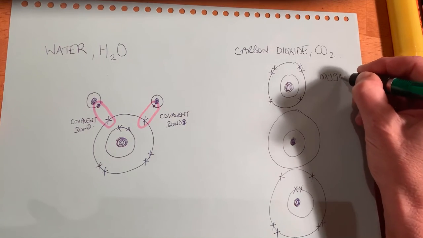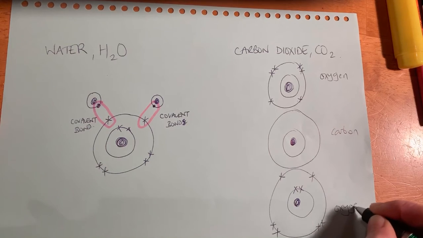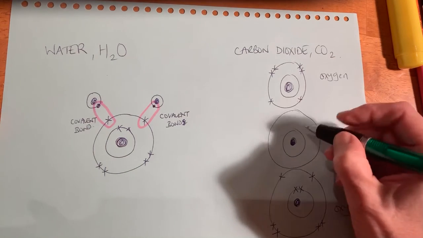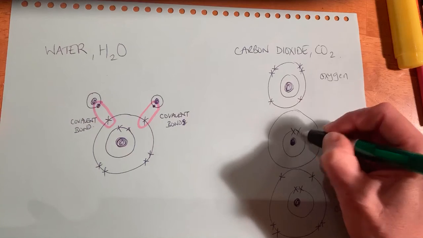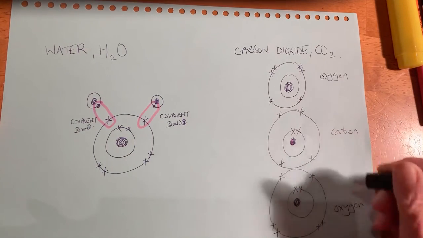So we've got oxygen, carbon, oxygen, and carbon is 6, so it's got its 2, and then 1, 2, 3, 4.